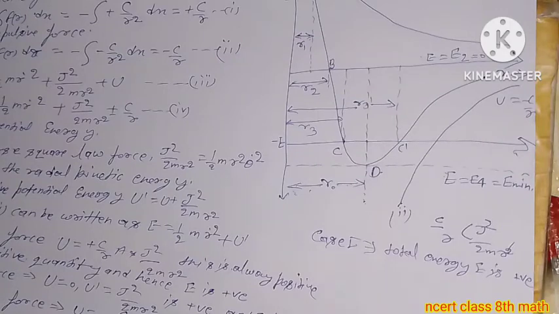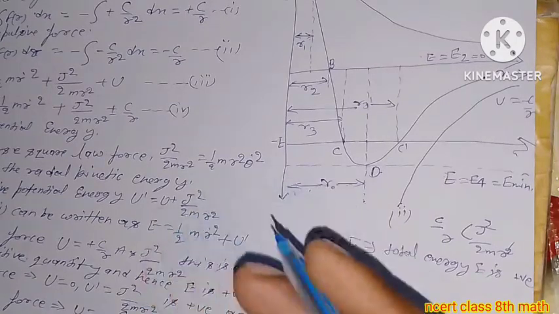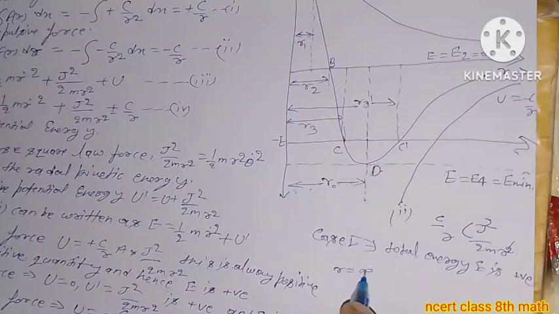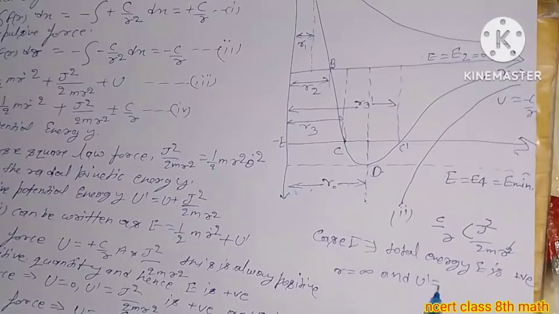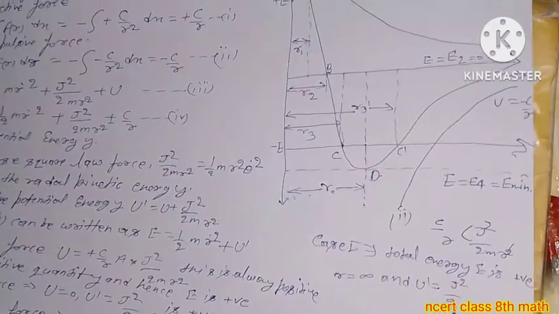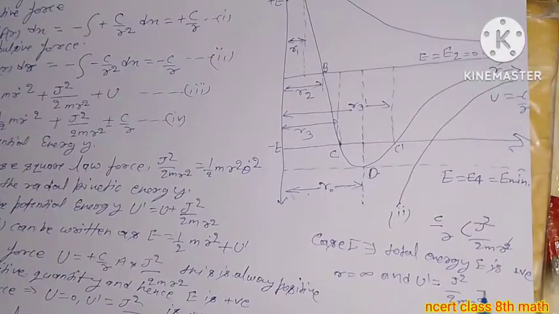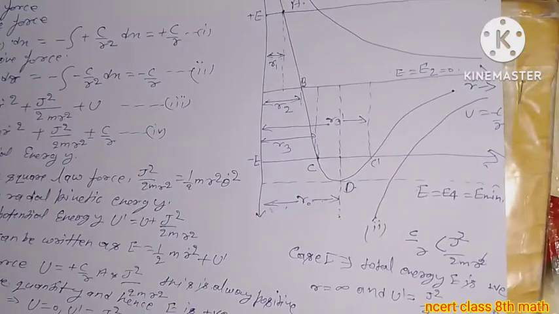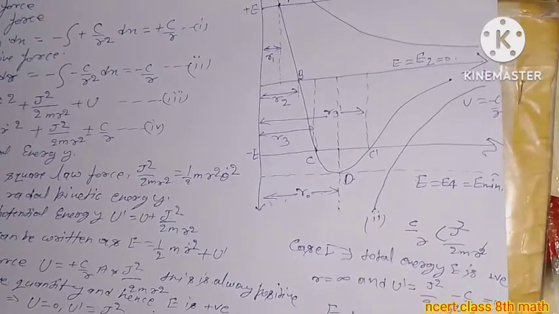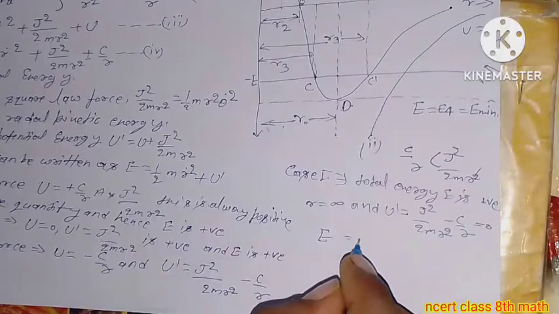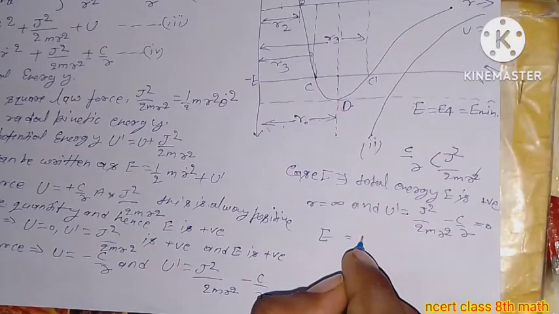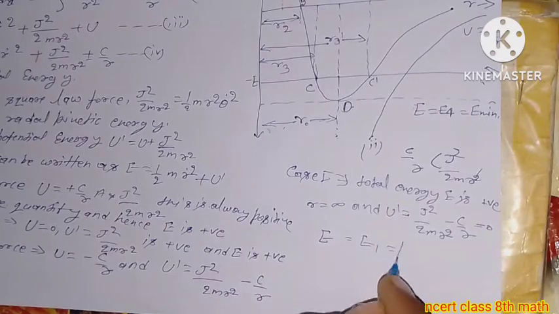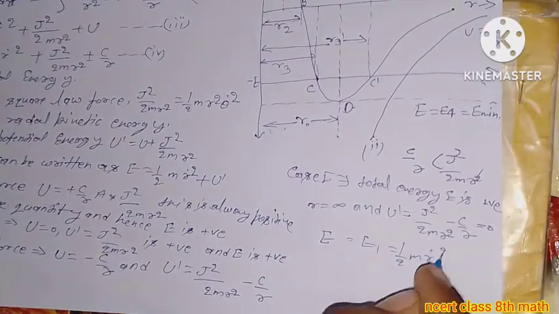The particle comes from infinity where R equal to infinity, and U dash equal to J square upon 2 mR square minus C upon R equal to 0, and E equal to E1 equal to 1 upon 2 m differentiate of R square.